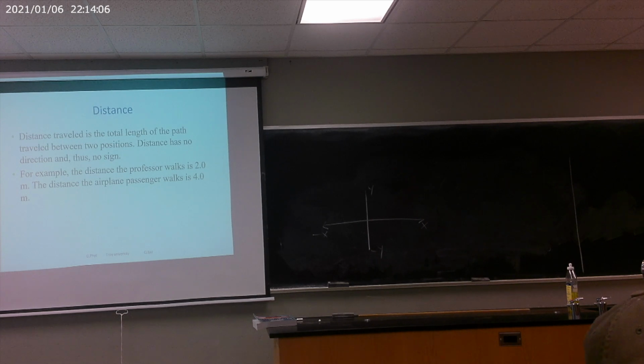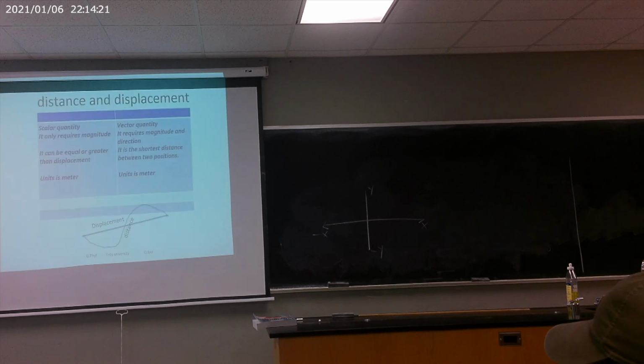If it is in a straight line, distance and displacement must be the same. But if the object is not moving in a straight line, they could be very different. We are going to see a problem related to it soon. The differences between them: distance is a scalar quantity because it does not involve any direction.